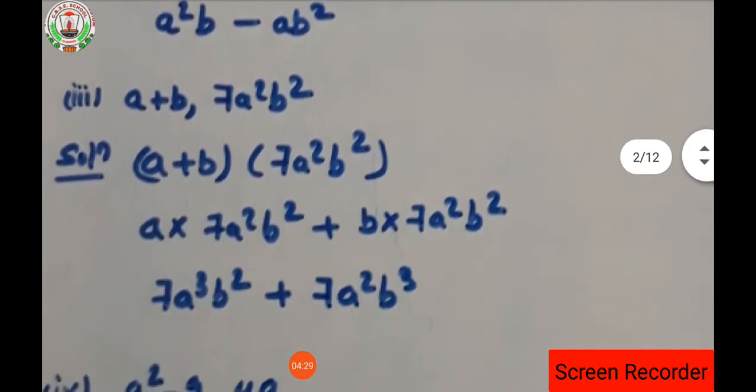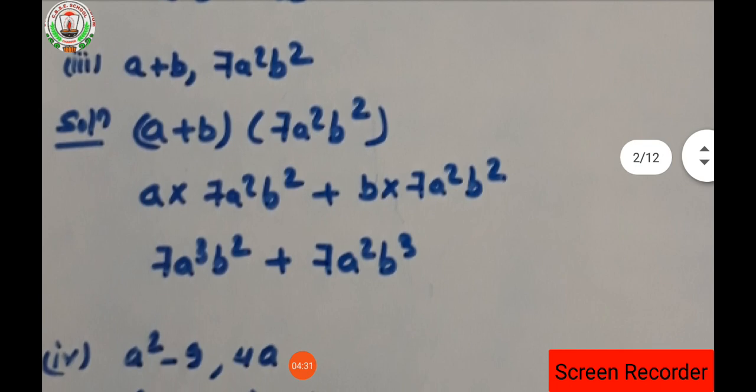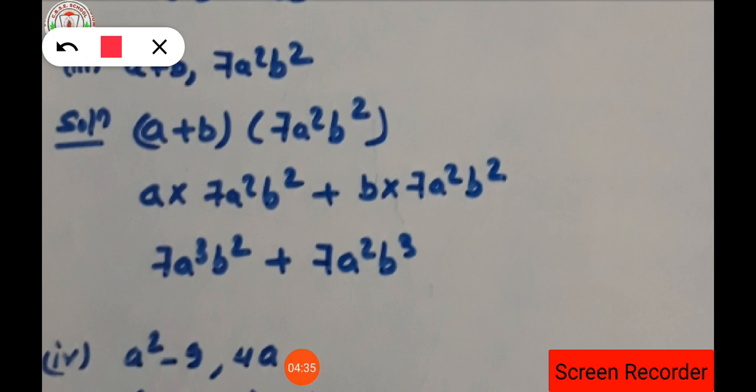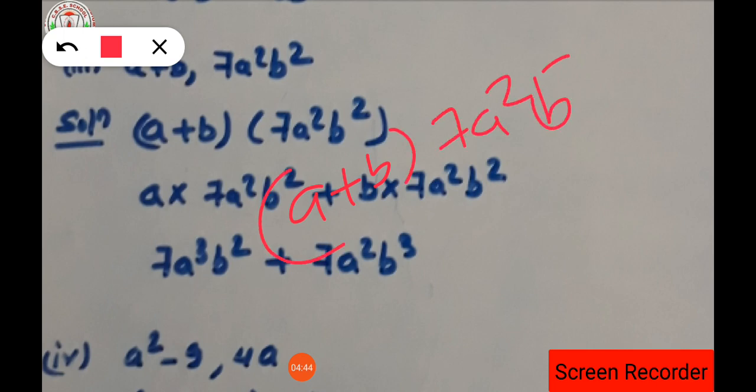Okay. Next question. ab will be multiplied with 7a square b square. So what will the answer be? That means a plus b will be multiplied with 7a square b square. Individually it will go and multiply with the bracket terms.